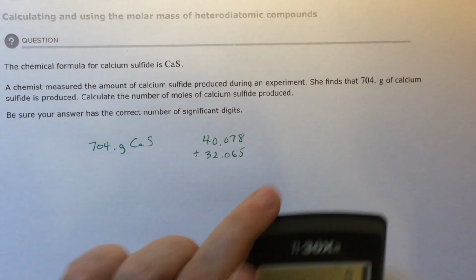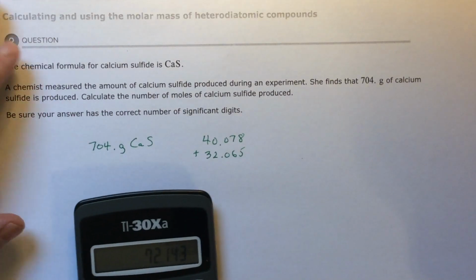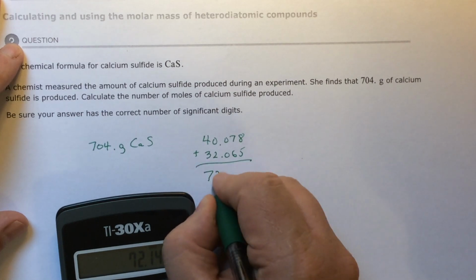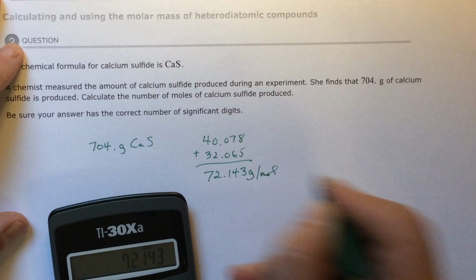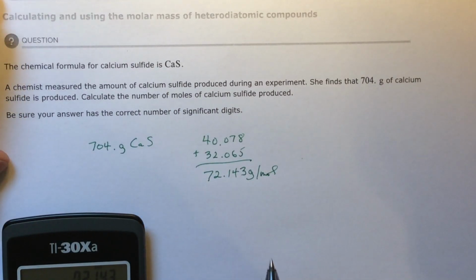So I'm going to have 40.078 plus 32.065, okay, and I get 72.143 grams per mole. So that is how much one mole of calcium sulfide weighs, or the molar mass.